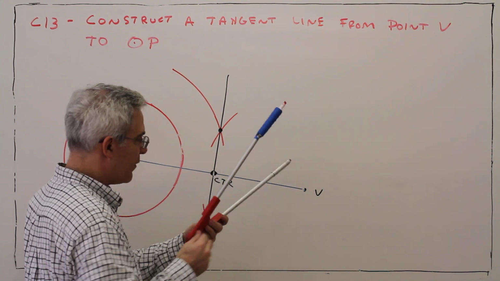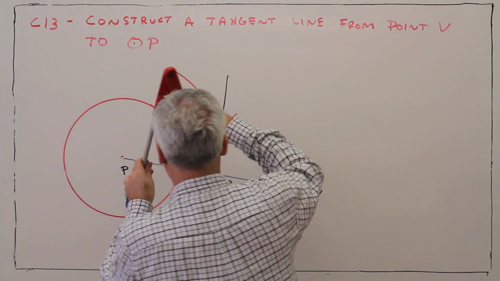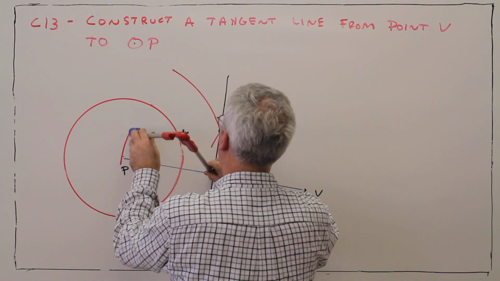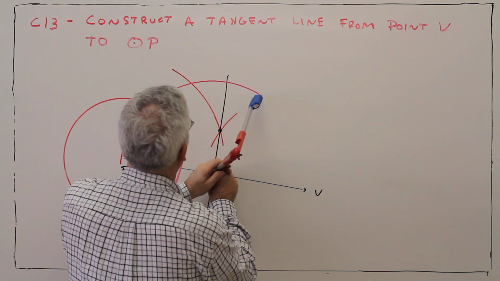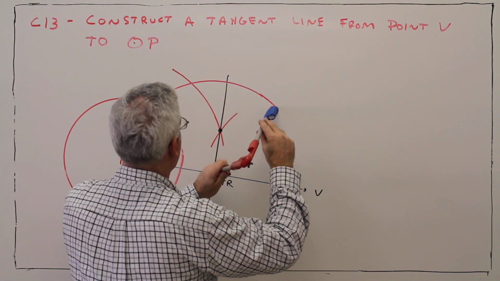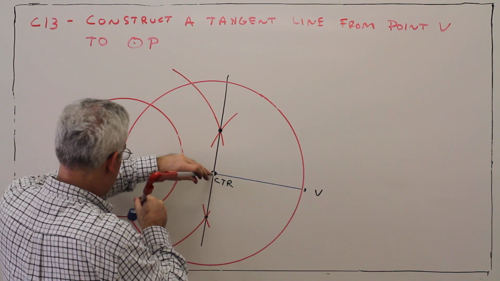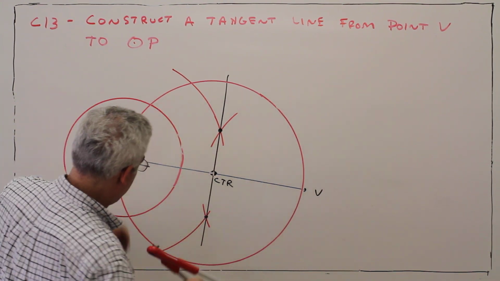Could mark it like this. I'm going to make one large circle. Again, it's hard on the whiteboard. I'll do as best as I can. Okay, something like that.